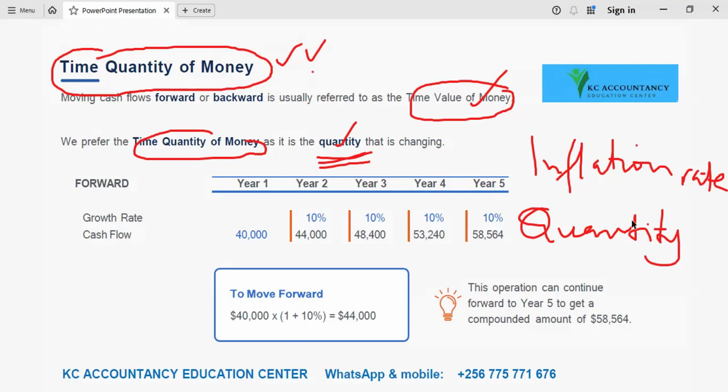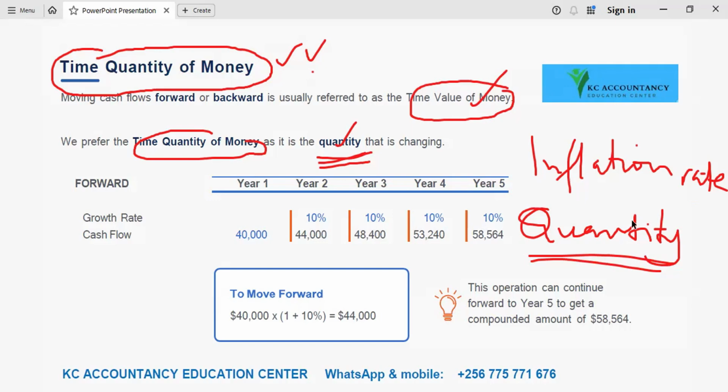It means the value has changed over time because of inflation. But here what we are focusing on is actually the quantity, that we've moved from 1 million to 10 million. That's why we are focusing our discussion on the quantity.